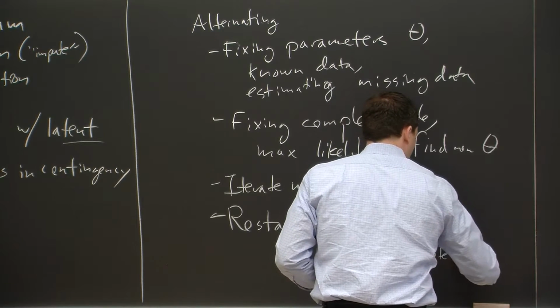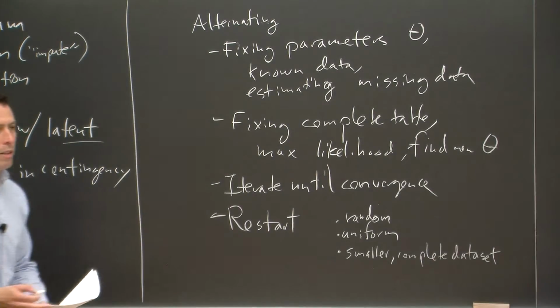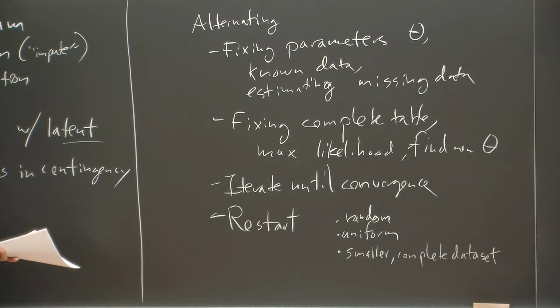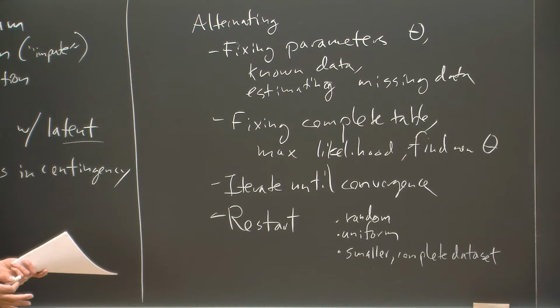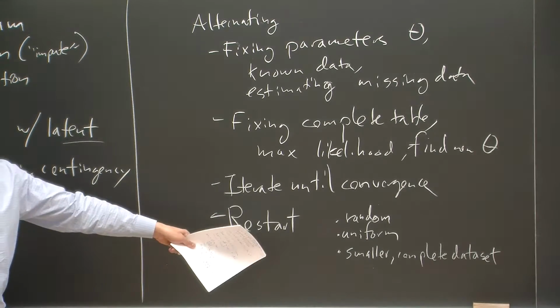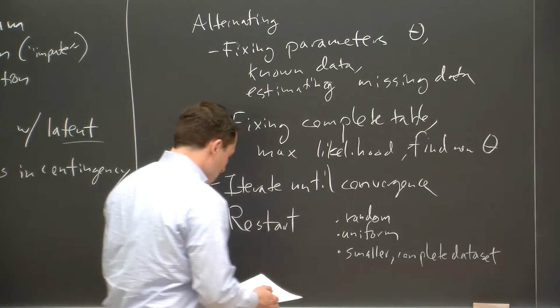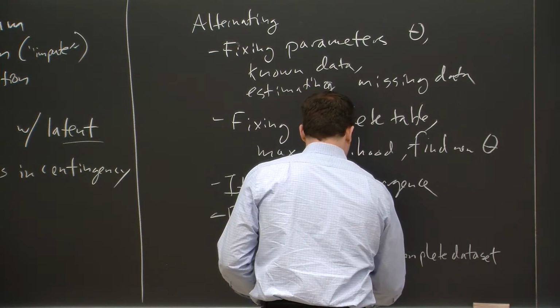So, you kind of want to have a prior on what this thing should be. If you had a big data set with some missing, and you had some examples that were complete, or you're doing a complete case analysis, or you had a more carefully done, smaller experiment, that would be a great thing to use to get sensible starting values for your parameters. Or you might even just use a simpler model.